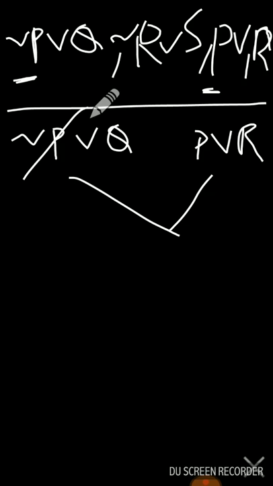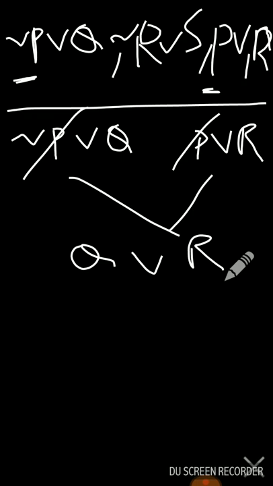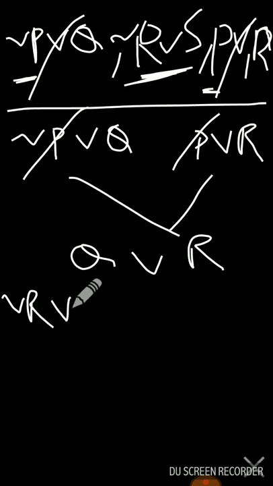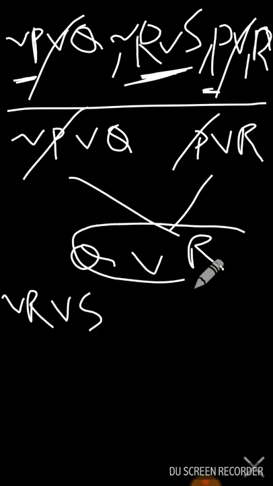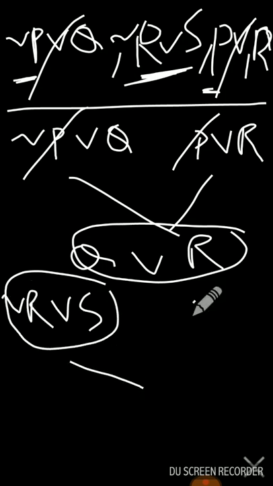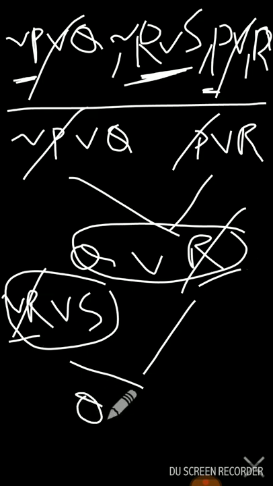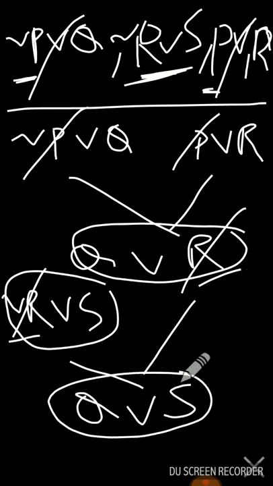From them P will go off and we are left with Q disjunction R. These two statements have been used and we are left with this statement only. Now combining this and the other one, R will go off since here we have R and here we have negation of R, so we are left with Q disjunction S. So this is simply Y.